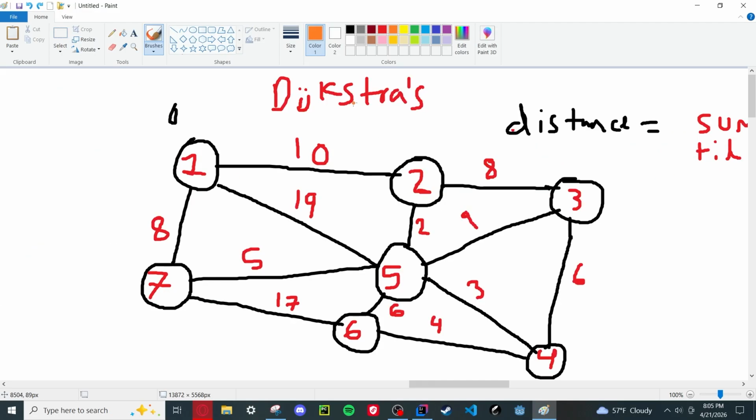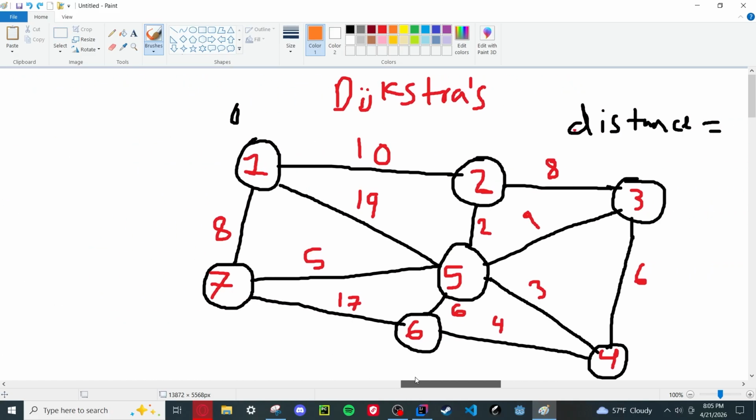So what would Dijkstra say about this graph? Well, Dijkstra would say this is a distance of 0. Distance of 0 plus weight of 10 gives us a distance of 10 at 2. 0 plus 8, distance of 8 at 7. And lastly, 0 plus 19, distance of 19 at 5.